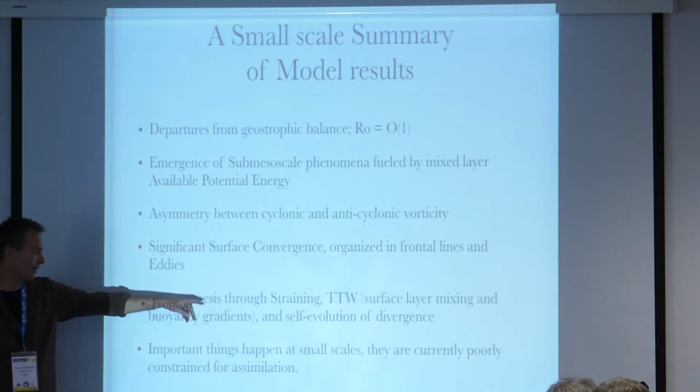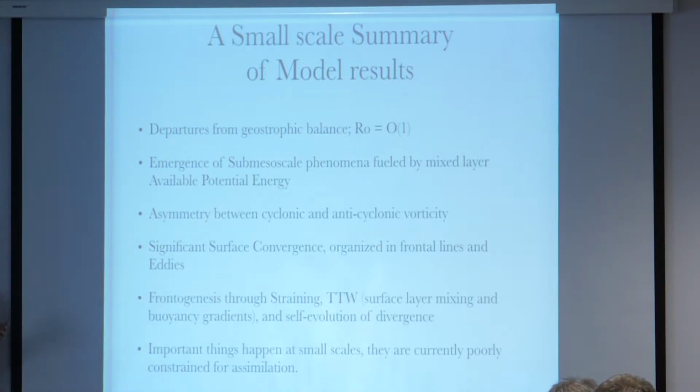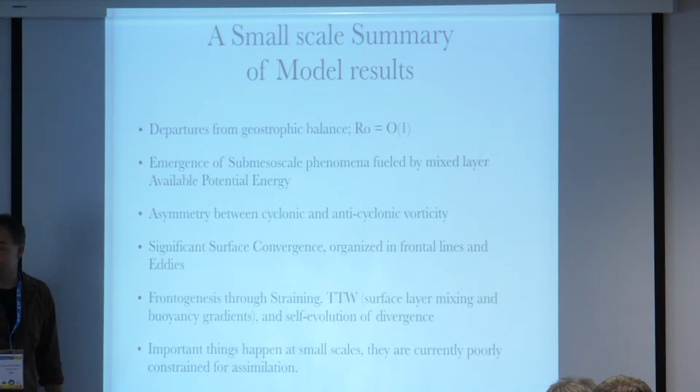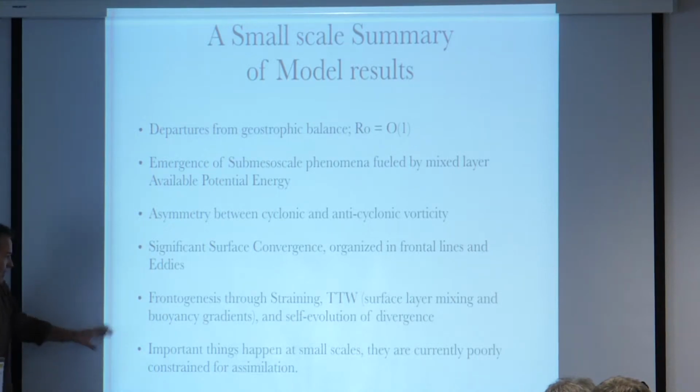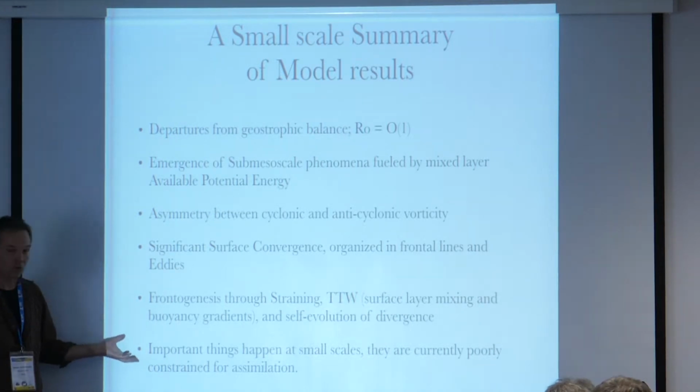And even more recently, we find that once you have order 1 divergence, the divergence evolves itself, and you don't need anything else. But once you have divergence, the evolution of the front is very well predicted by the fact that there is divergence. And so, in summary of that, things happen at small scales.